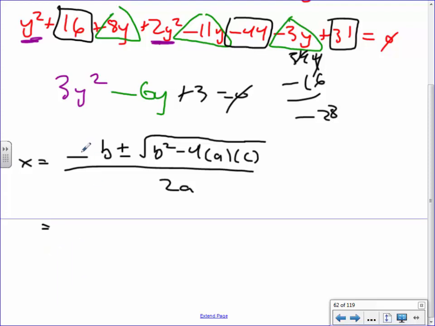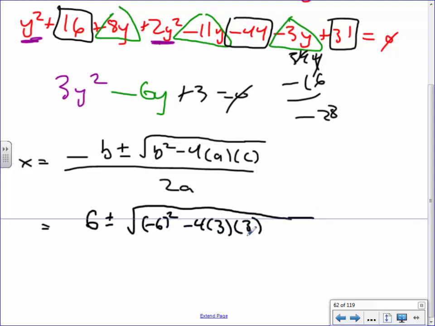Cool. But there's a negative in front of the b, so double negative it makes it actually positive 6. Then over here, we need to do negative 6 squared minus 4 times 3 for a and times 3 for c, all over 2 times... no, a is 3. A is 3.